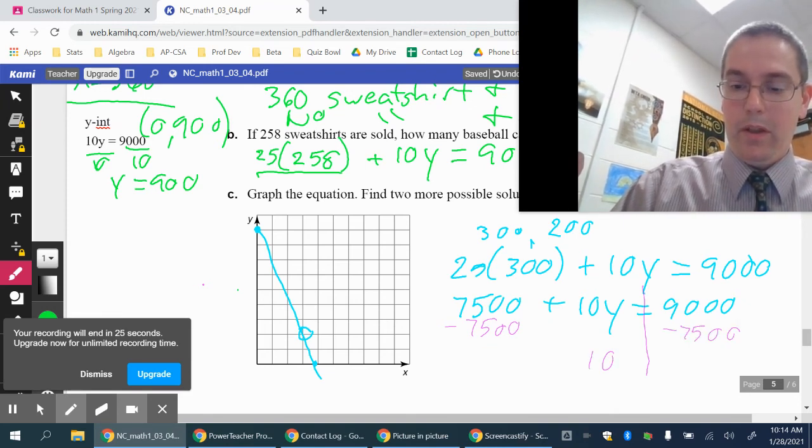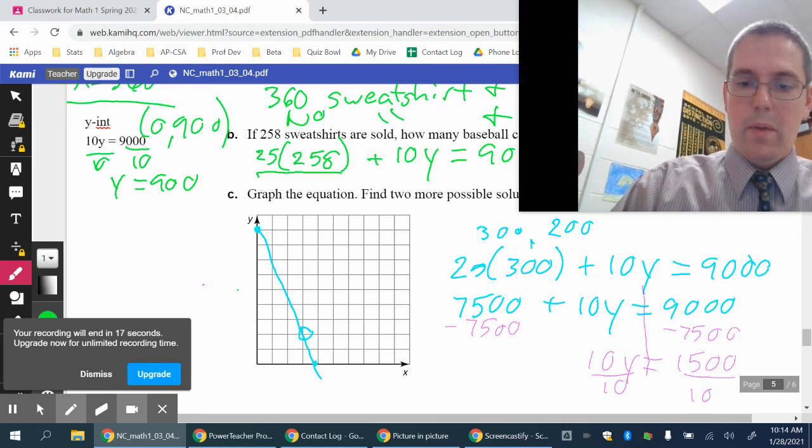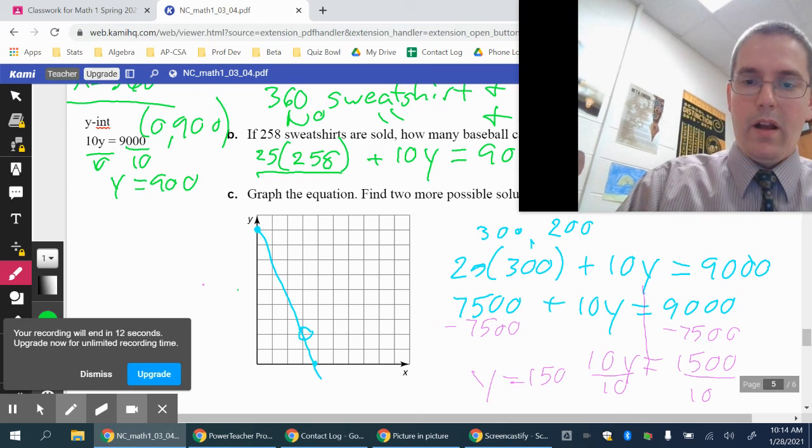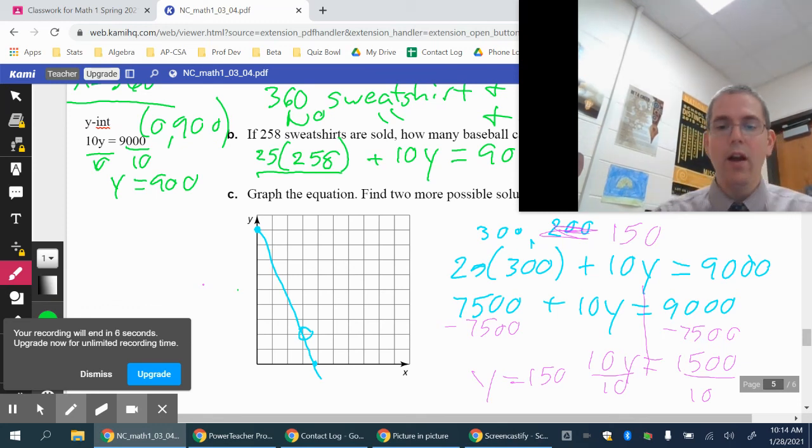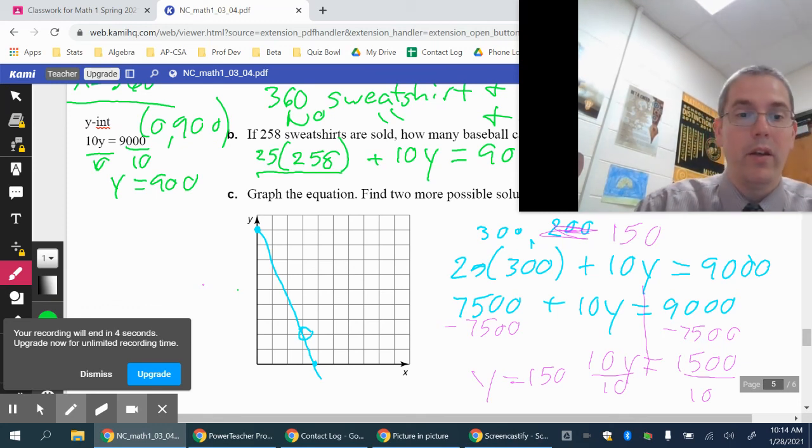It's going to give me 10y is 1,500, and dividing by 10 is 150. So actually one solution wouldn't be (300, 200), it would be (300, 150). And that just shows you the point of making a very neat straight line, or you're going to end up needing to plug in to get your points like we did on part B.